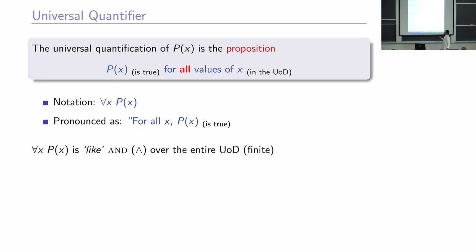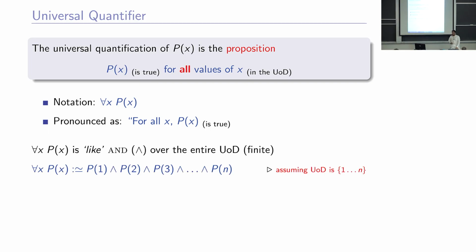So "for all x P of x" is essentially, we'll talk about this a little later, like an AND over the entire universe of discourse. When I say "for all x P of x", roughly speaking, because there is an issue: assuming the universe of discourse is finite, but for infinite it could make different statements.